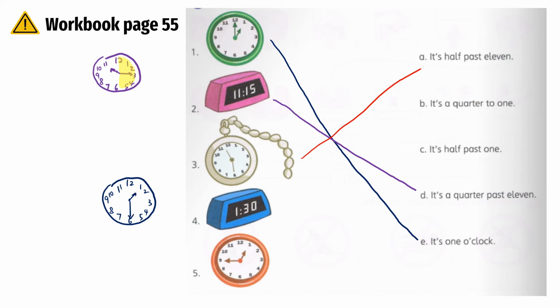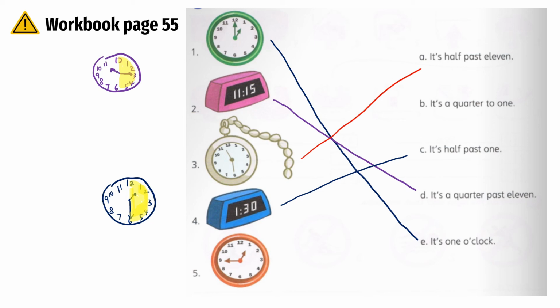So remember the formula that we have learned. If it is on this side of the clock, we use half past. Since number 6 is included in this half of the clock, it is half past the short hand of 1. So the time is half past 1.